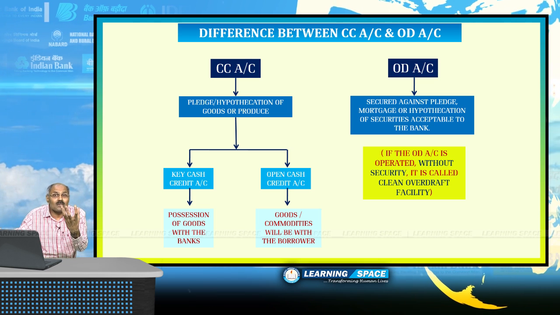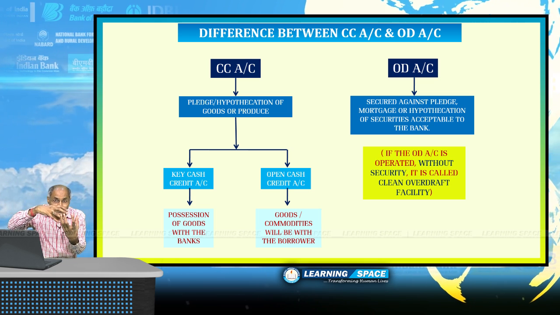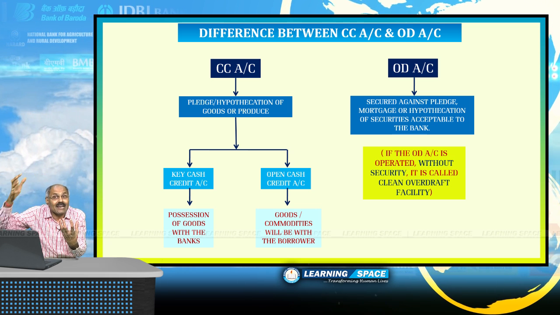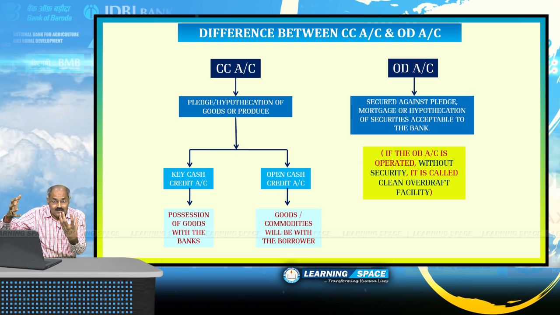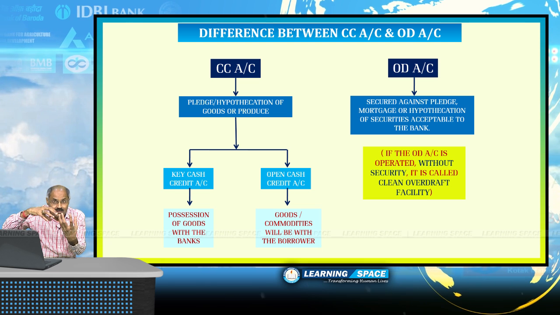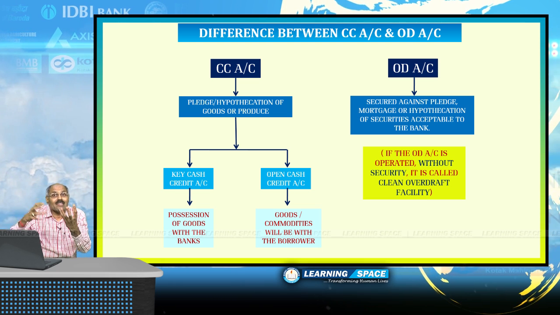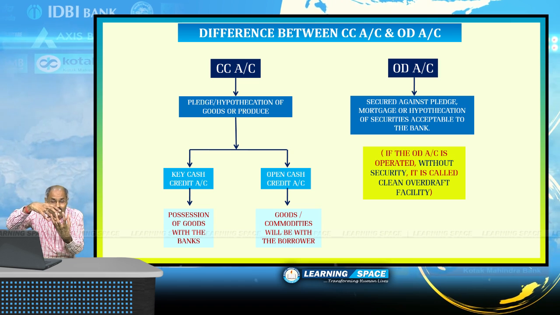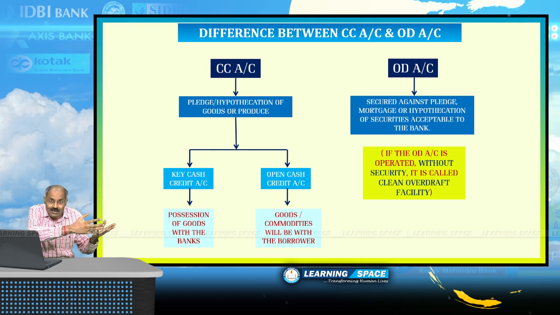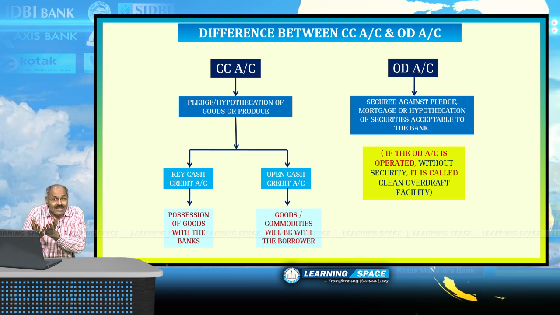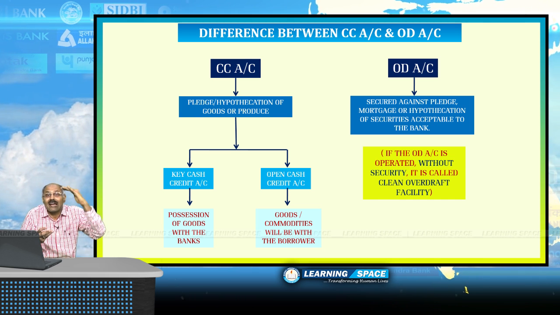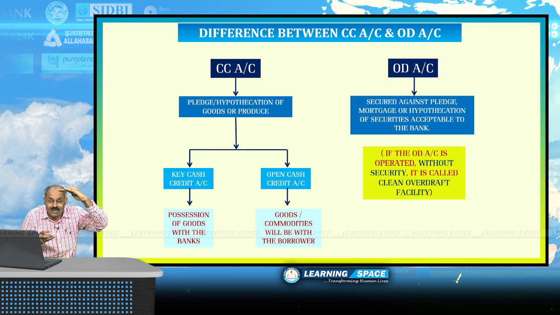If somebody has bought raw materials to manufacture candles, they have manufactured candles or are in the process of manufacturing candles. By taking the raw materials as collateral security, the bank will allow you cash credit up to the limit.